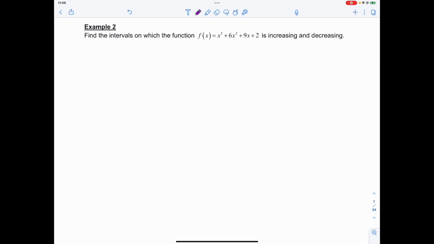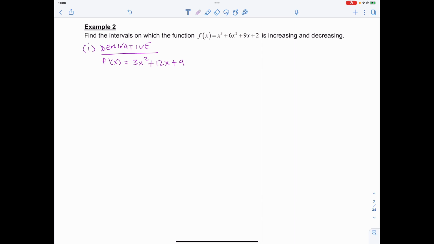For example 2, it's asking the same idea. Find the intervals in which the function f of x is equal to x cubed plus 6x squared plus 9x plus 2 is increasing and decreasing. So, same steps. Step 1, find the derivative. f prime of x is going to equal 3x squared plus 12x plus 9.